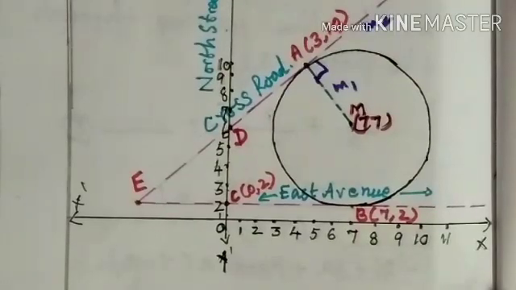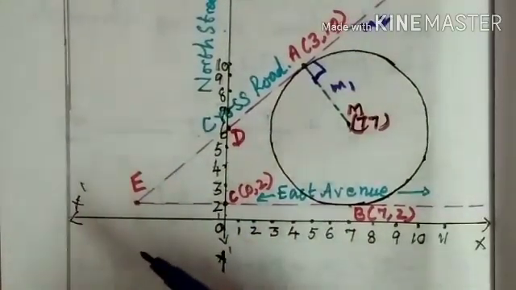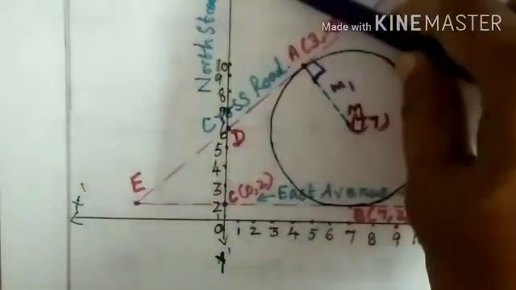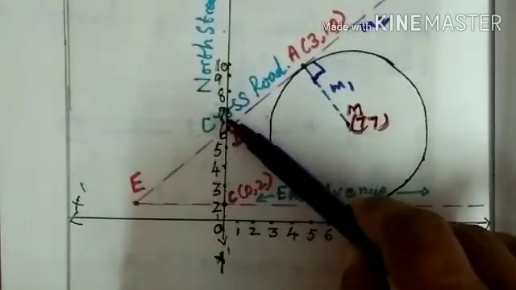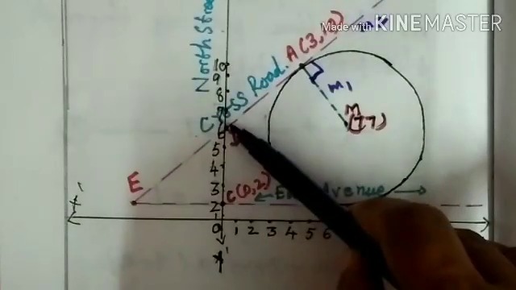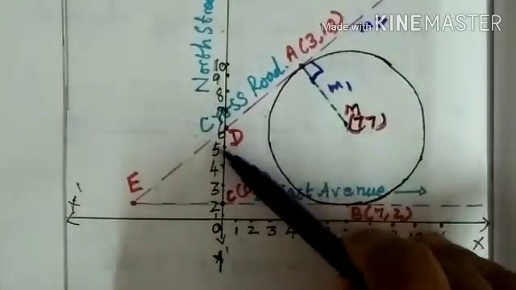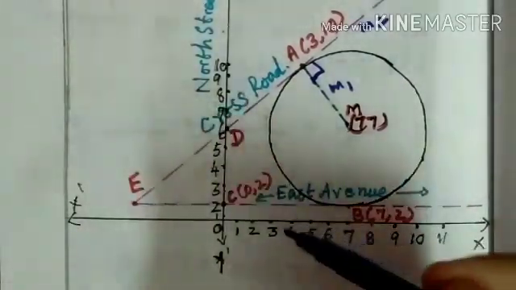See this figure. In the next subdivision, you have to find the intersection point of North Street and Crossroad. See, this is North Street and this one is a crossroad. The intersection point of North Street and Crossroad is D. So you have to find the point D. So D lies on the y-axis.